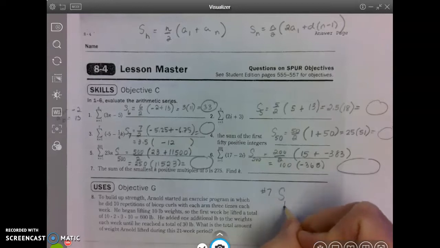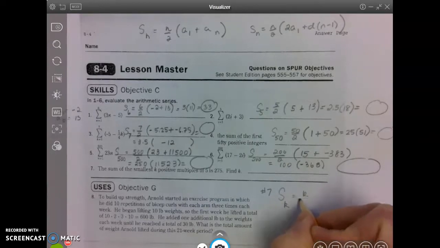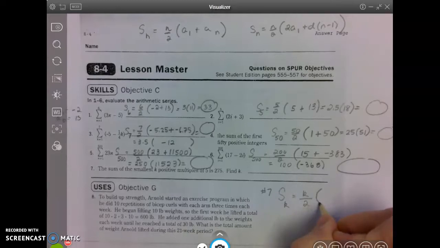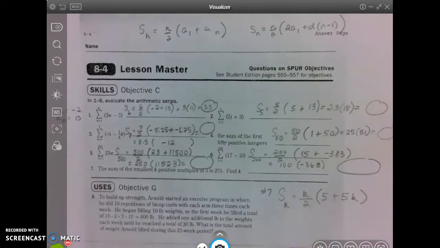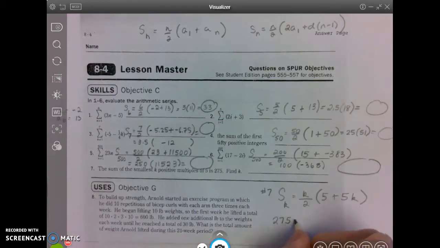So s sub k is going to be k divided by 2. The first positive multiple of 5 has to be 5. And the last one has to be whatever 5 times k is. And I know that I want my sum to be 275.